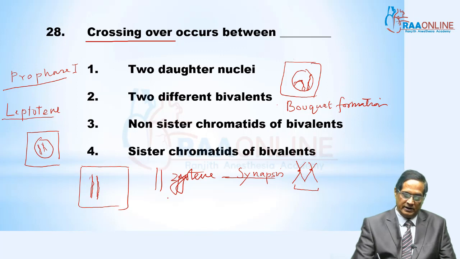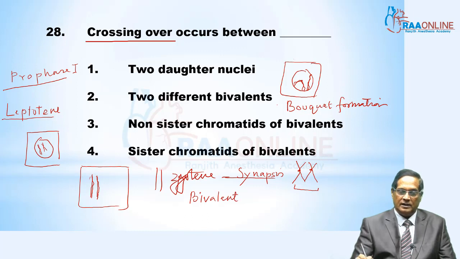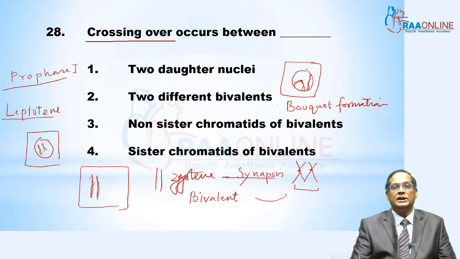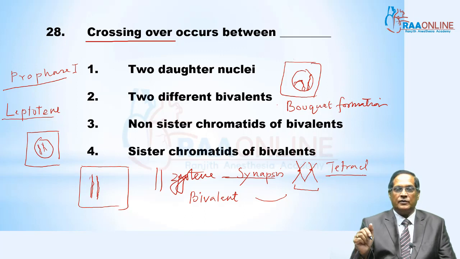A pair is known as a bivalent. And each member of the bivalent splits. So each chromosome has 2 chromatids, and the total number of chromatids is 4. This is the tetrad stage. Tetrad is formed. Tetrad formation occurs in pachytene.